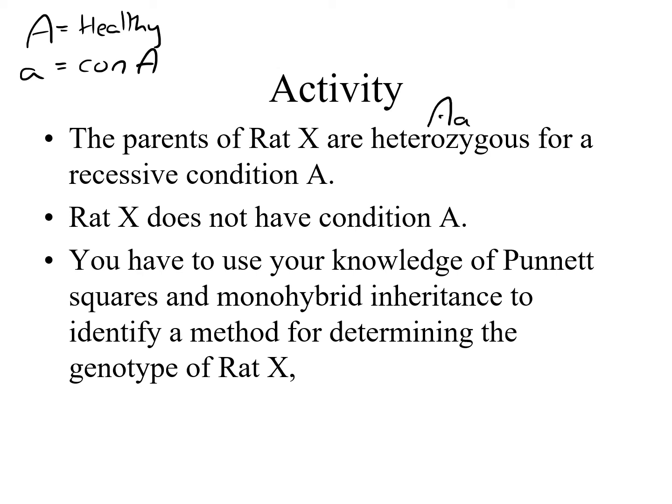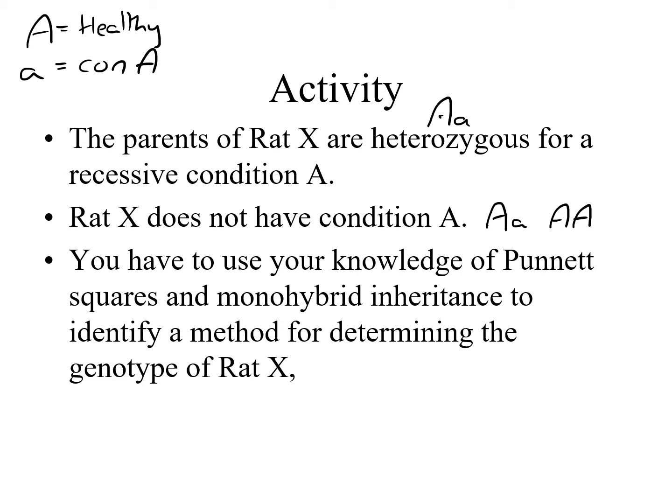It then says rat X does not have condition A. For rat X to not have condition A, rat X must be one upper and one lowercase, your heterozygous condition, or it must be the homozygous dominant condition.